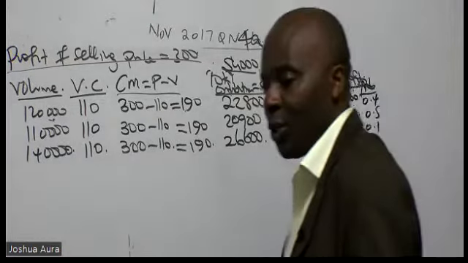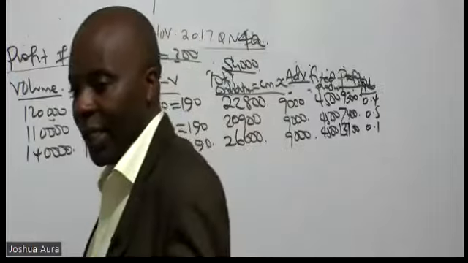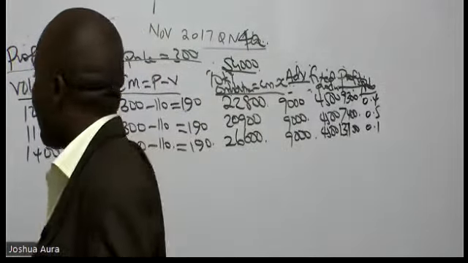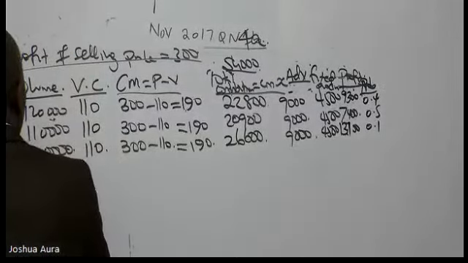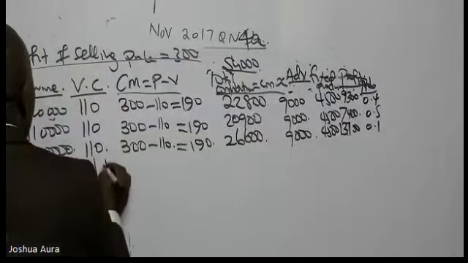So, ladies and gentlemen, what I need to do now with the profitability, and I have the probability there, then I need to give them what we call the expected profit.